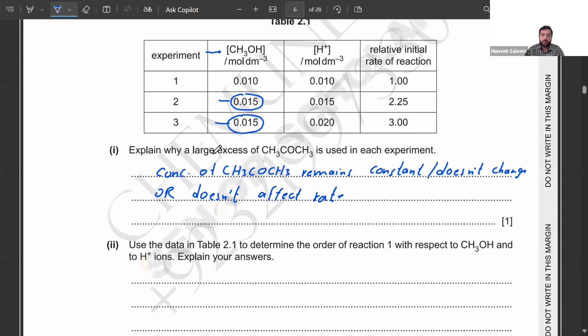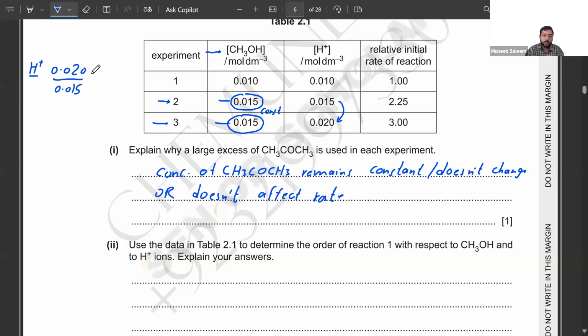So these two values make it easy for me to find the relation between the hydrogen ions and the rate of the reaction. For experiment number 2 and experiment number 3, the methanol concentration is constant. Now we'll look at the hydrogen ion. The value has changed from 0.015 to 0.020, so the concentration change is 0.020 divided by 0.015.